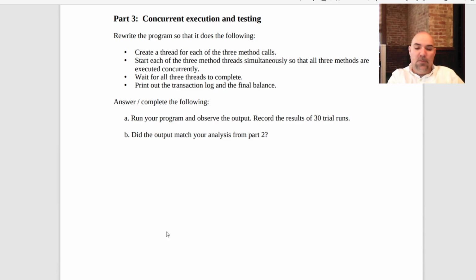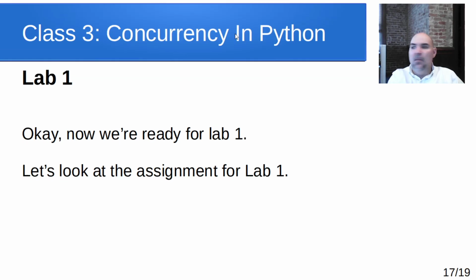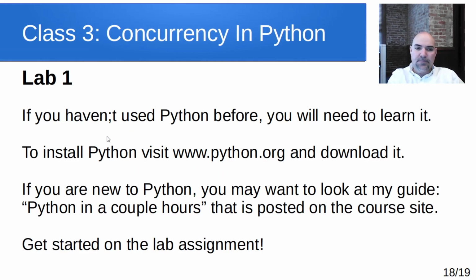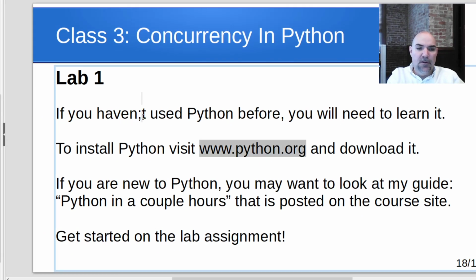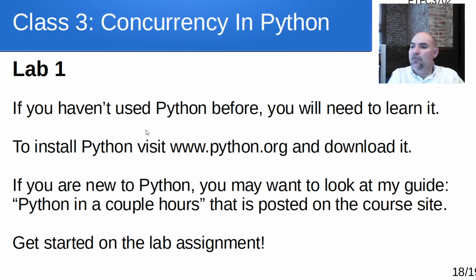So a couple things to finish up here. Hold on one second. Let me switch back to the presentation. Okay, so to finish this up, we looked at the assignment. If you have not used Python before, you're going to need to for this class, at least for a little bit.